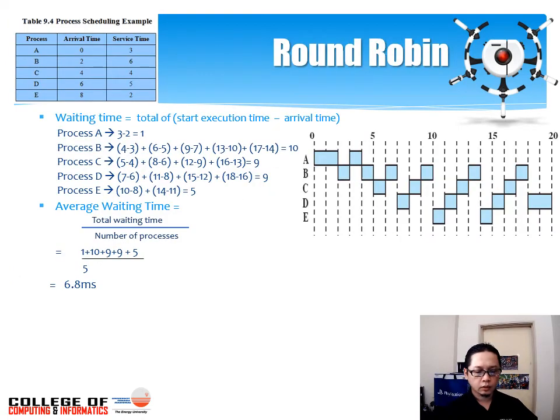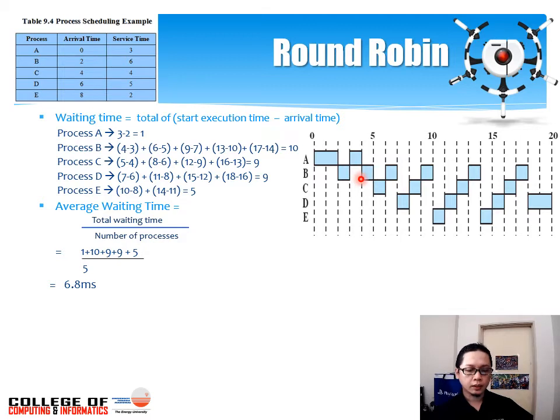Again, in order for you to calculate the waiting time and the average waiting time, you count all the time that is required for the process to wait at the end of the cycle. Here, A is required to wait 1 time, and B is required to wait from here until here. You see the empty blocks there.